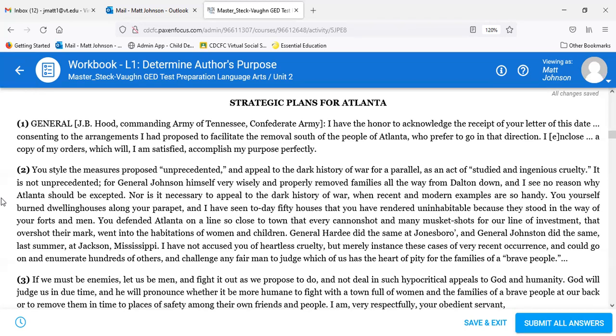General Hardee did the same at Jonesboro. General Johnston did the same last summer at Jackson, Mississippi. I have not accused you of heartless cruelty, but merely instance these cases of very recent occurrence, and could go on and enumerate hundreds of others, and challenge any fair man to judge which of us has the heart of pity for the families of a brave people.